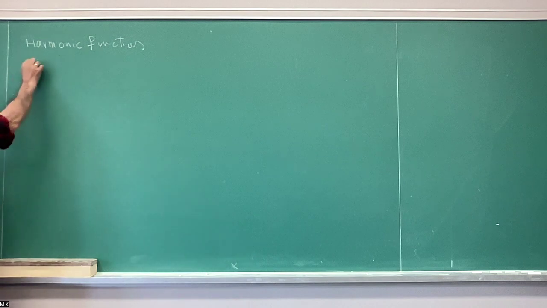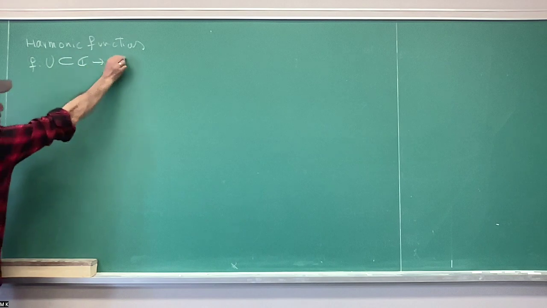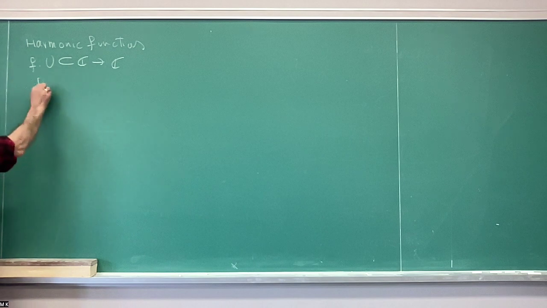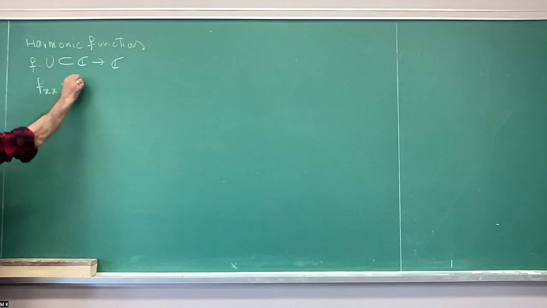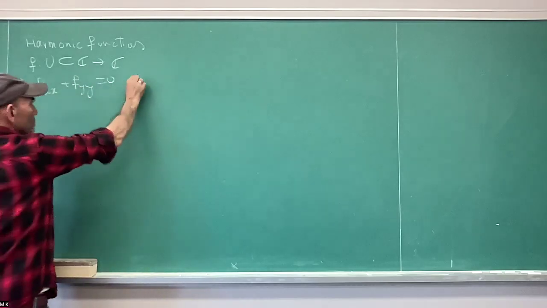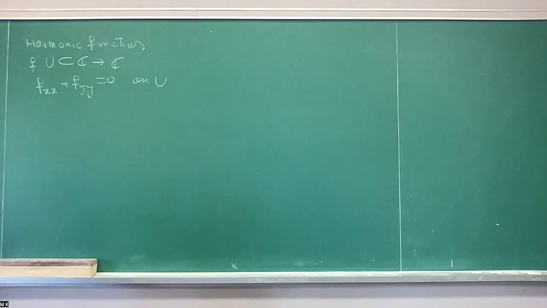If you have a function f from U, open inside C, to C, it is called harmonic if it has second partial derivatives and satisfies the equation f_xx plus f_yy equal to 0 on U. This is the definition of a harmonic function.